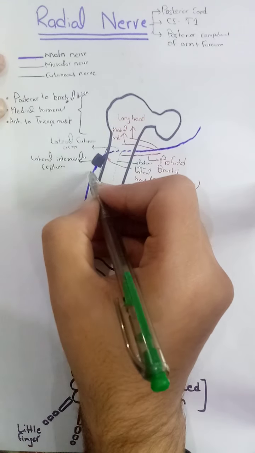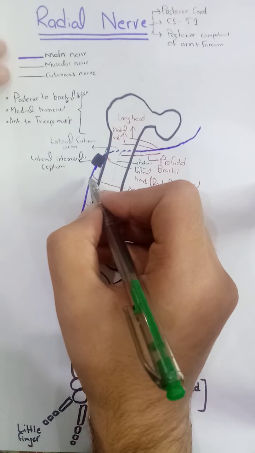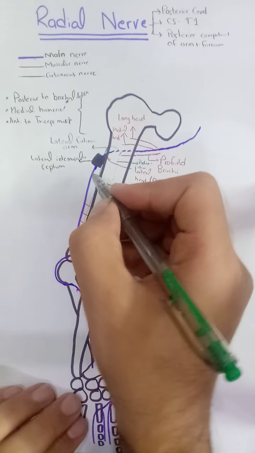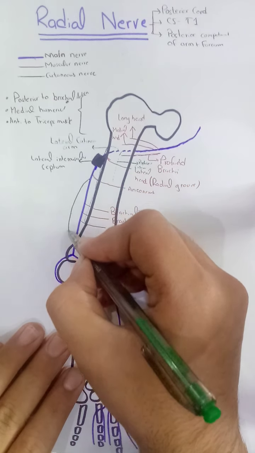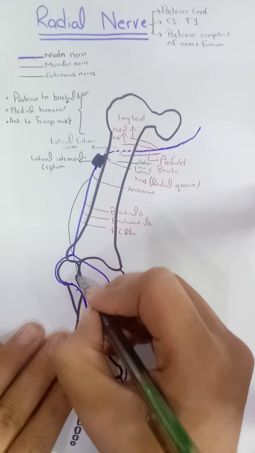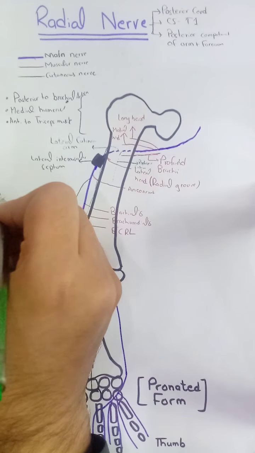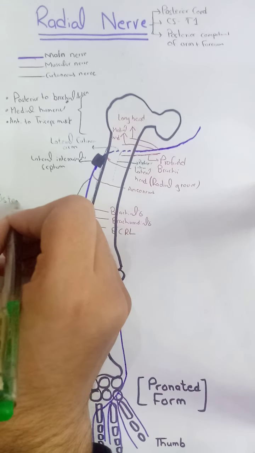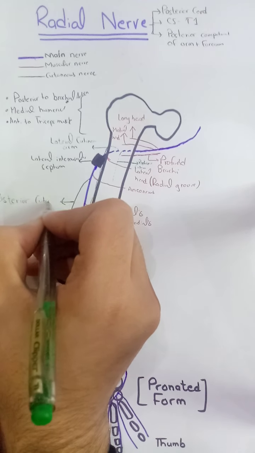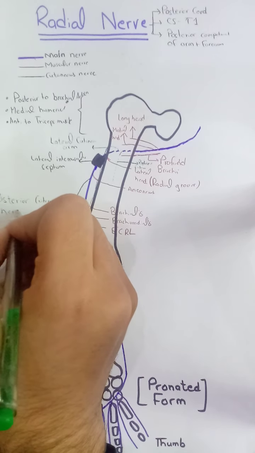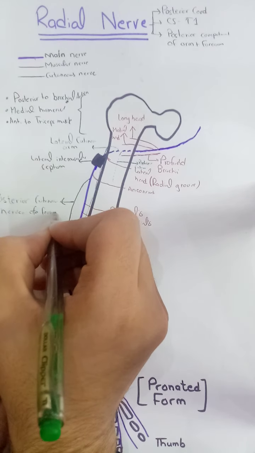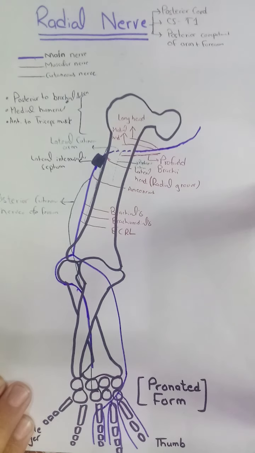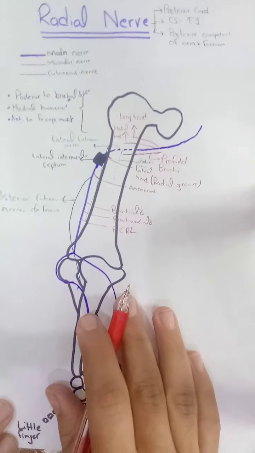And after this lateral intermuscular septum, it will give the posterior cutaneous nerve of forearm, which is by the posterior side of forearm, like this. This is the posterior cutaneous nerve of forearm.